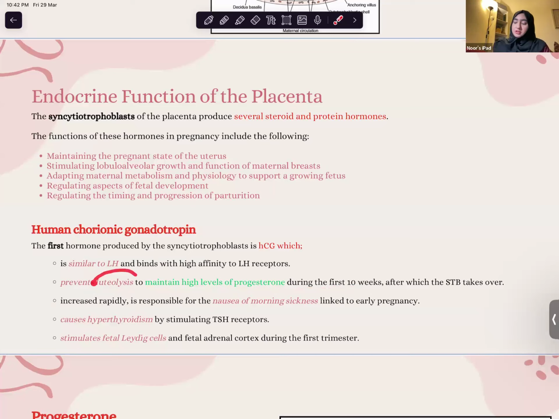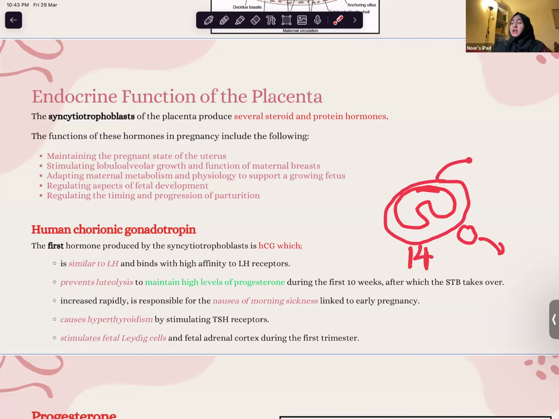Coming back to luteolysis, coming back to corpus luteum. This is the corpus luteum. Remember how at day 14 the egg is released. The remaining structure is now called corpus luteum, and this structure is basically involved in maintaining high levels of progesterone. So this structure typically provides progesterone to the body until 10 weeks.